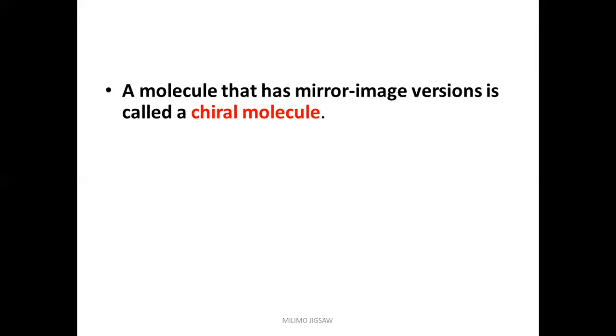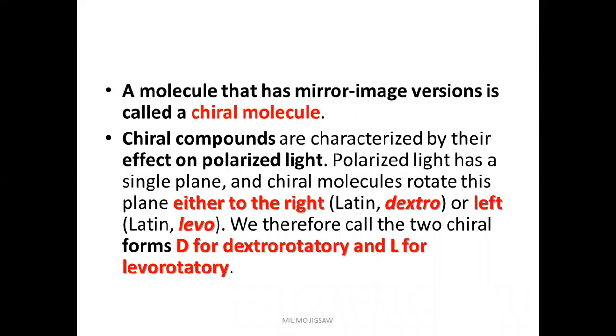So when a carbon atom has 4 different groups bonded to it, it is called an asymmetric or chiral carbon.